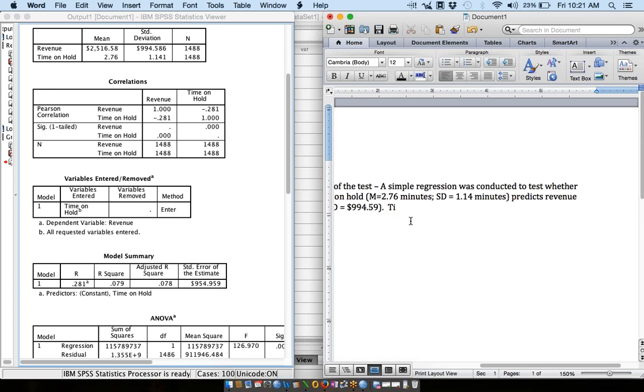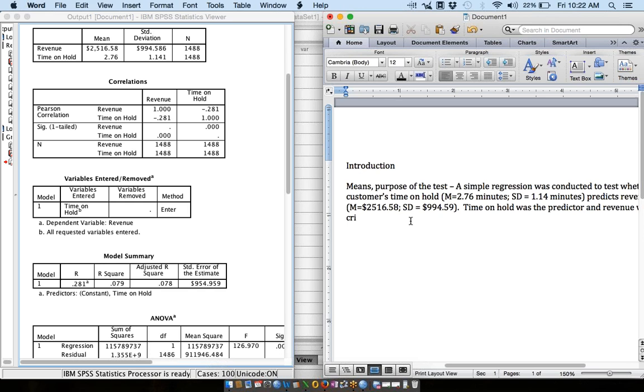Okay. And I want to say time on hold was the predictor and revenue was the criterion. Results. First, I'm going to talk about the model.